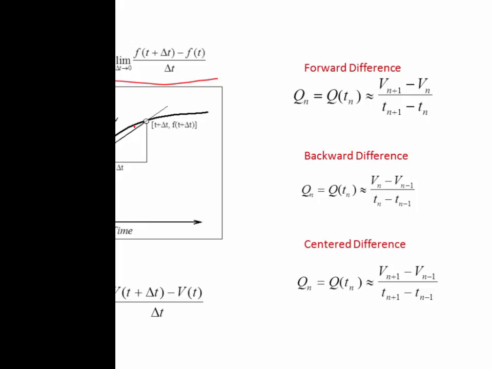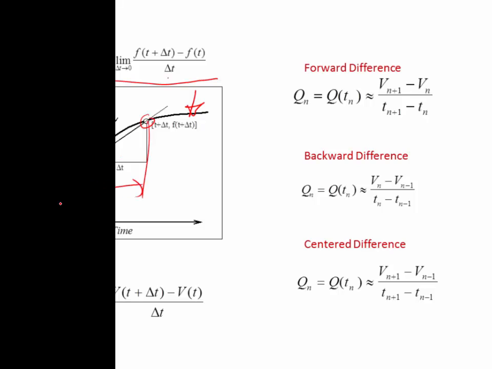What it's saying is that if you have a curve like this one right here, and you put a point on it there and there, that would be f at t plus delta t. So that point right there would be f at t plus delta t. And right here, that point is f at t. So we subtract those, divide by delta t, which is right here.